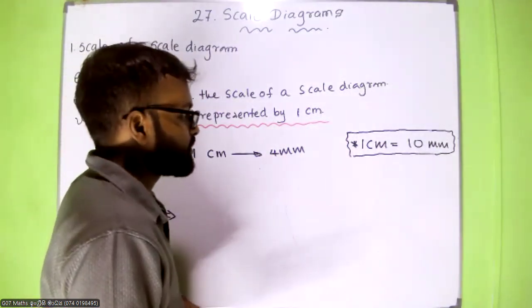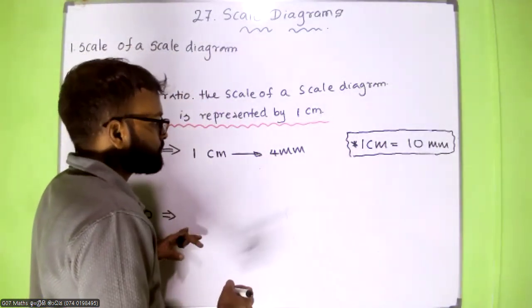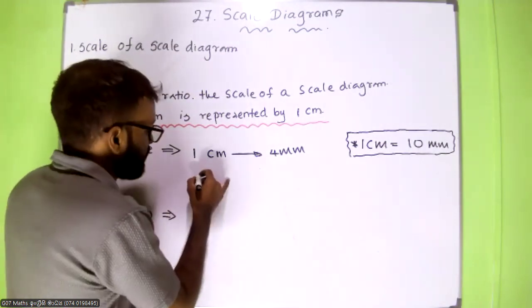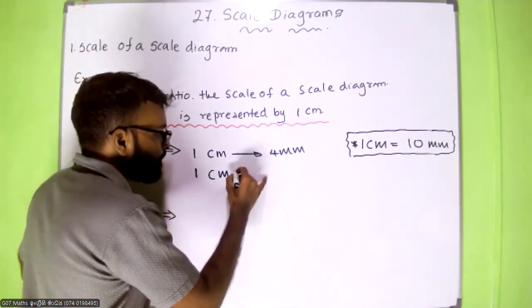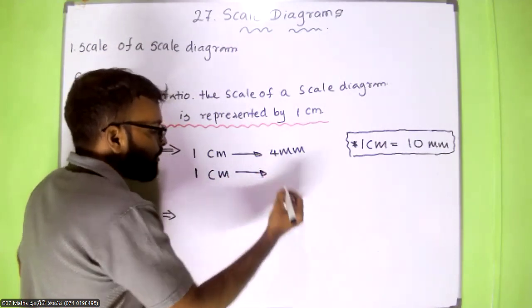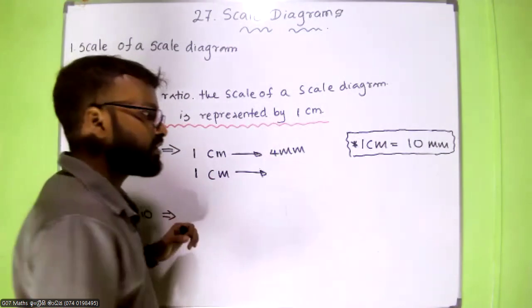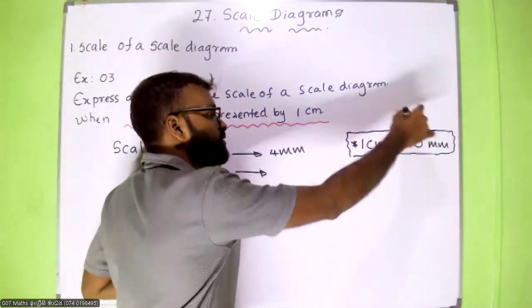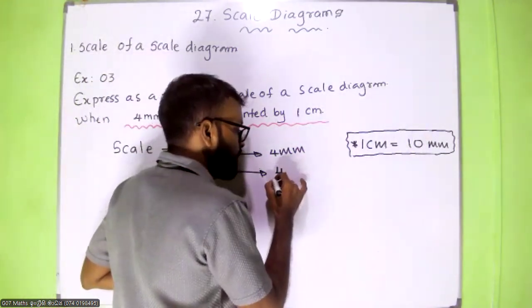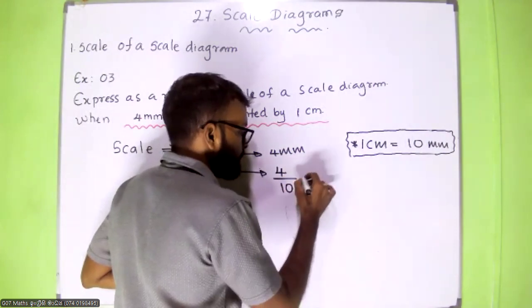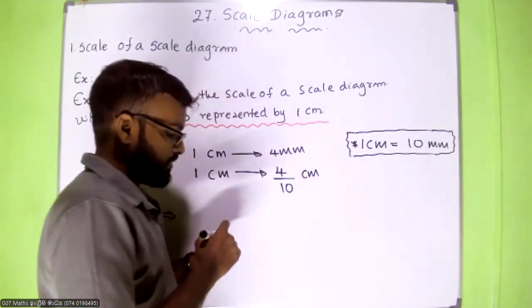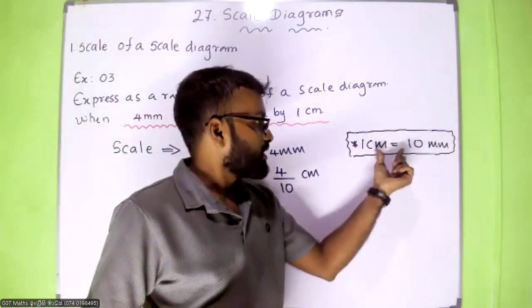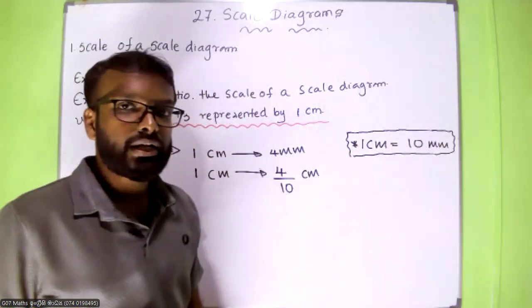So this is 1 centimeter, this is 4 millimeters. If you want to convert it into centimeters, you are going to divide 4 by 10. 1 centimeter equals 10 millimeter.